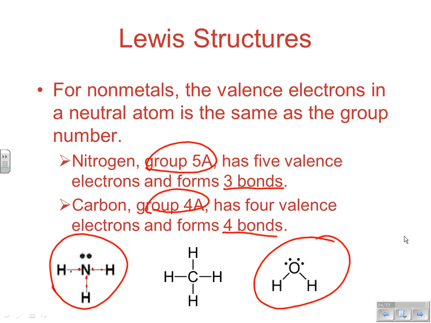Remember, oxygen, which is in group 6A, has 6 dots. So it will share with the hydrogens in 1 spot each to make a total of 8 for the oxygen and 2 for each hydrogen, and you end up with a molecular formula of H2O. So when you're drawing Lewis dot structures of molecular substances, you're looking at the sharing of those electrons so that everything ends up with a full octet.